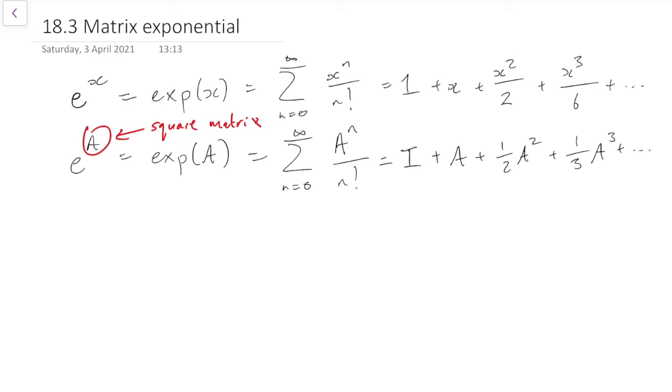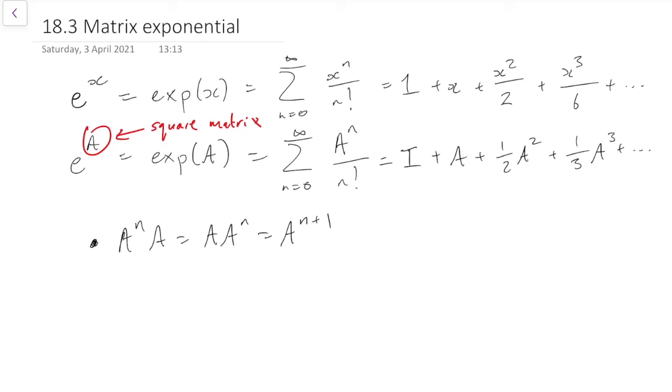We could note a few facts here. Obviously, with matrices, normally it matters which way round you multiply them, right? A times B is not always B times A. But of course, A to the n times A is equal to A times A to the n, because those are both A to the n plus 1.